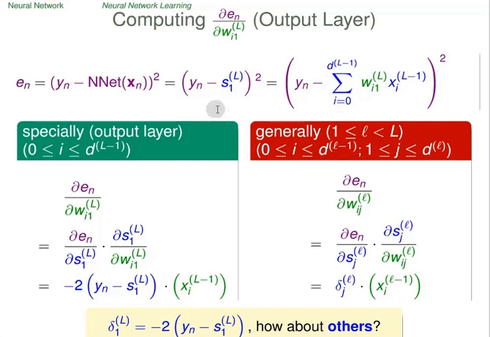First, let's define the in-sample error function as follows. This is a squared error, and we are dealing with a supervised learning task. y is the given label and the neural network is represented by net, which takes the input x. We can further write it down as follows: y minus s_L, this is the last layer. s is a score, right?